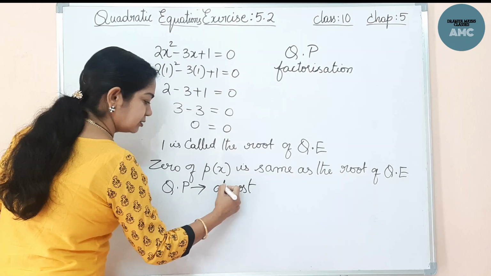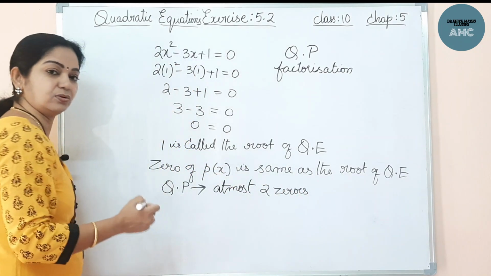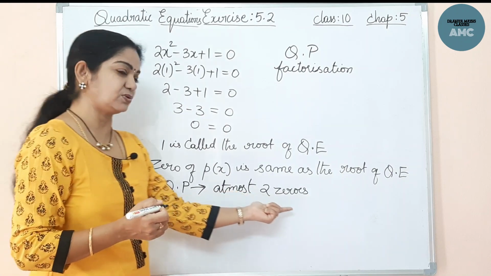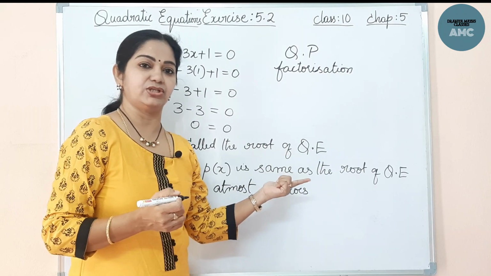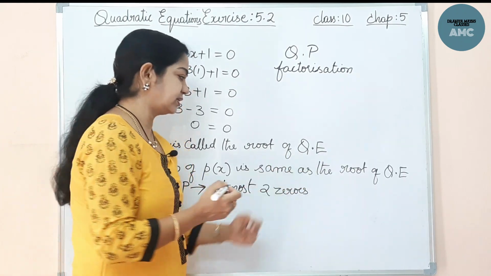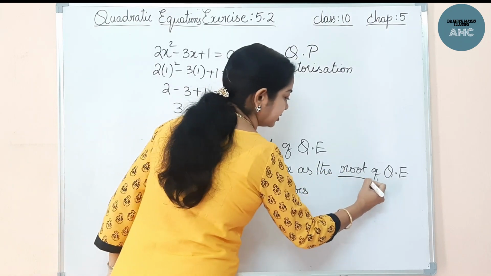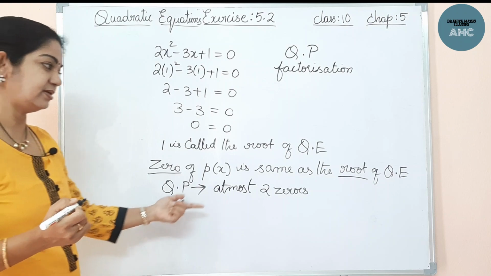At most 2 zeros. That means no zeros, 1 zero or 2 zeros. Maximum 2 zeros we can get. Likewise, the same thing in the quadratic equation. At the max, we will be getting 2 roots. Here it is called the root, whereas for the polynomial we call it the zero, one and the same.